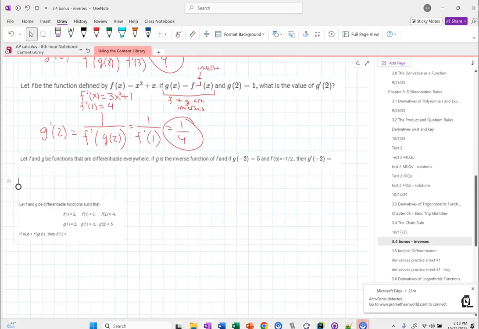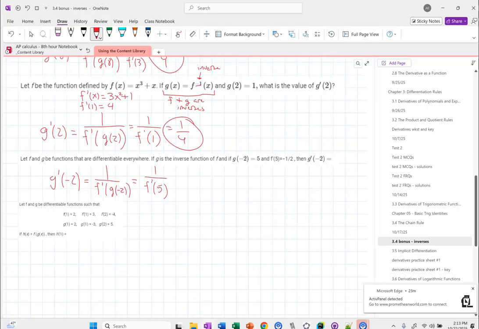If g of -2 is 5, f prime of 5 is -1/2, then g prime of -2 is equal to, well, g prime of -2 is going to be 1 over f prime of g of -2. And hey, we're told that g of -2 is 5.